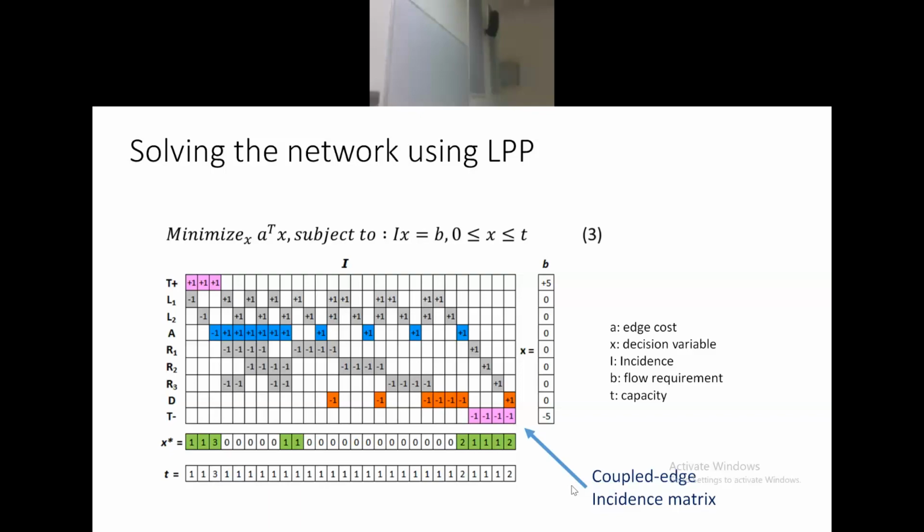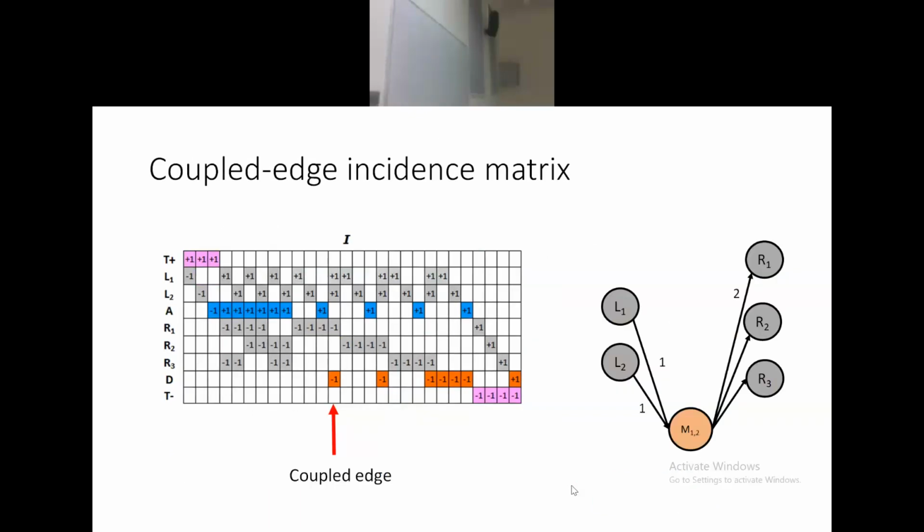If you could solve this, then we know that this is part of the split, move, and march rule. That rule can be derived from the solution variable x, right? And that's how we count the number of valid passes. So that's how I got the coupled edges, more than one edge to one particular.